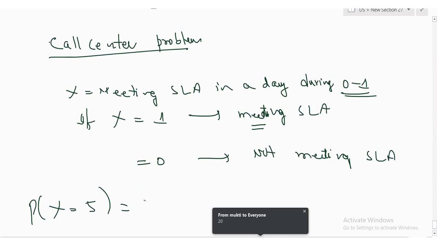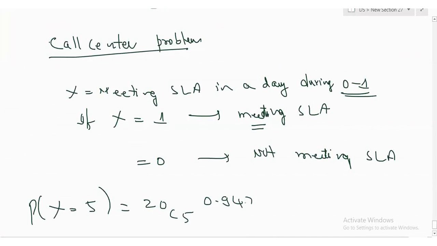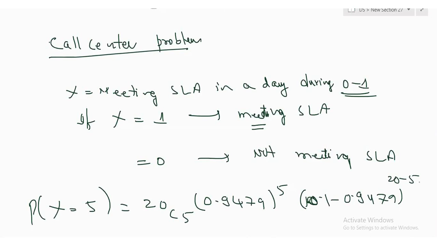So 20 is my N. 20 C5, P to the power of 5, where P is 0.9479, times 1 minus P to the power of 20 minus 5. Whatever answer you get, that's fine. You guys are clear? This is how you need to solve the problem.